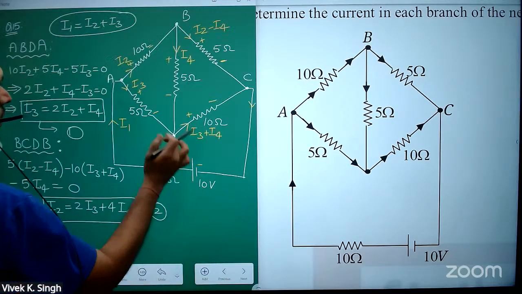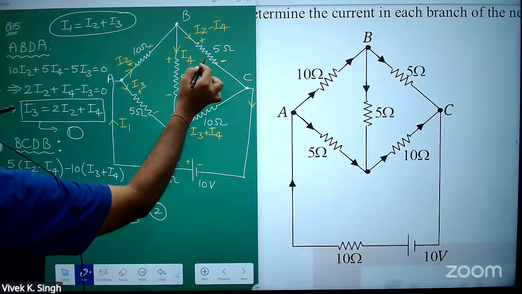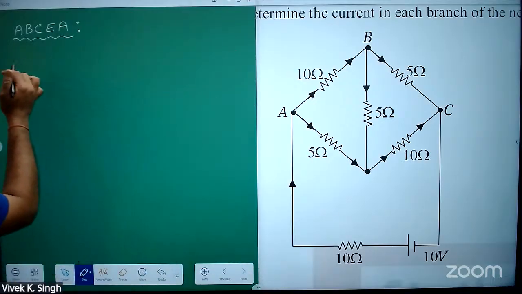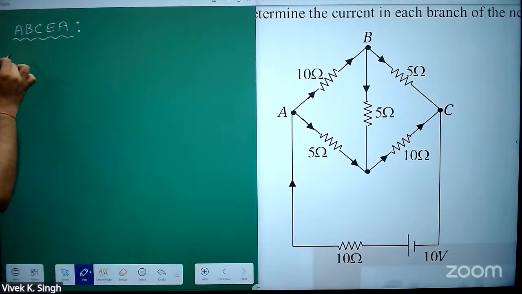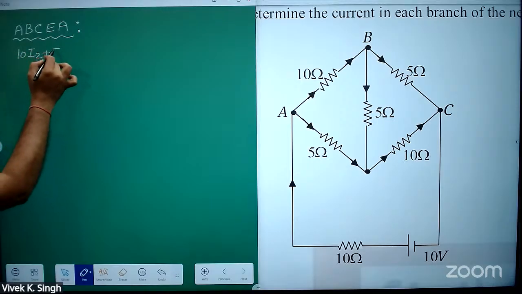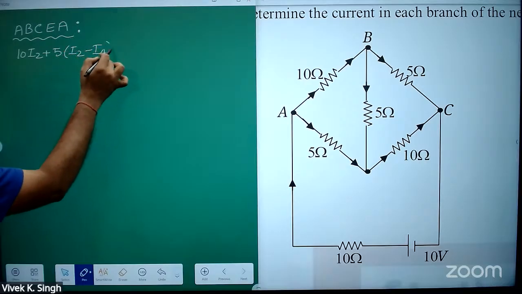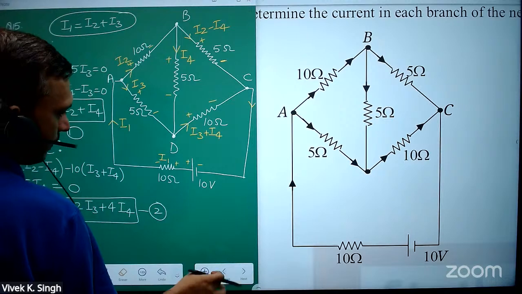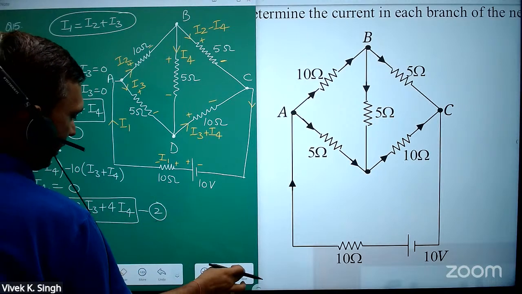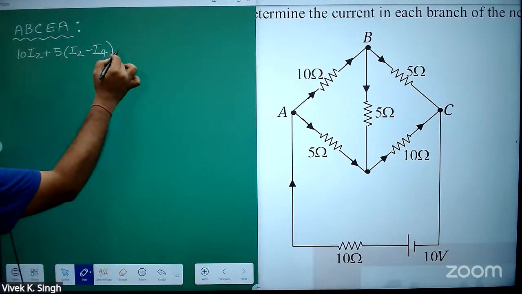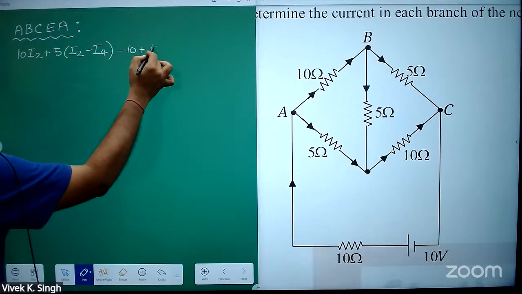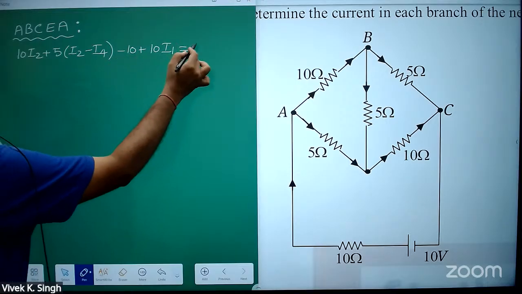So now see, first you will get 10 I2 plus 5 I2 minus I4. Then minus 10 plus 10 I1. So then you have minus 10 plus 10 I1 is equal to 0.